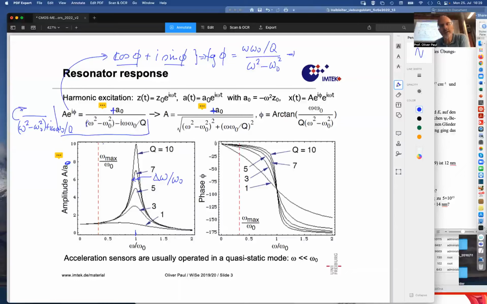And that phase angle has also a characteristic form for these driven and damped harmonic oscillators. It's an angle that goes from 0 degrees to 180 degrees at high frequencies. And this S-shaped curve becomes flatter and flatter the smaller the Q factor is.